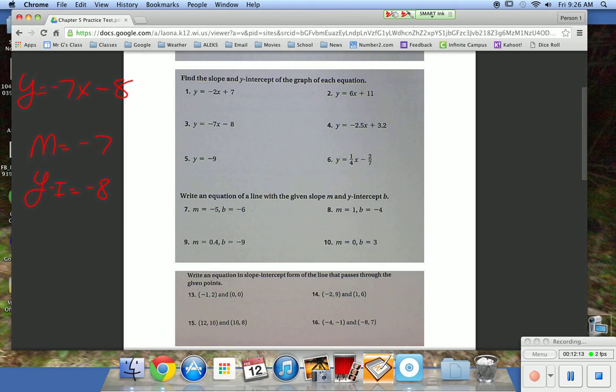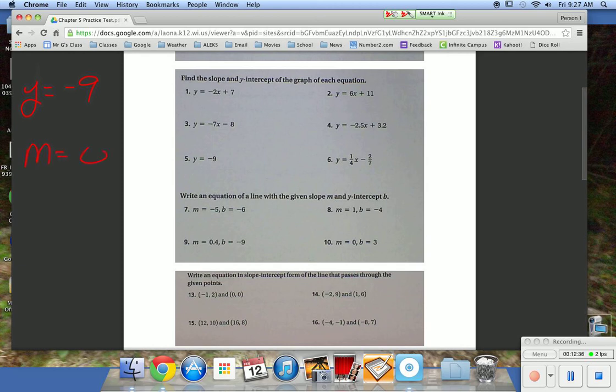Number 5, Libby. Y equals negative 9. What is it, Libby? What's my slope? 0. My slope is 0.